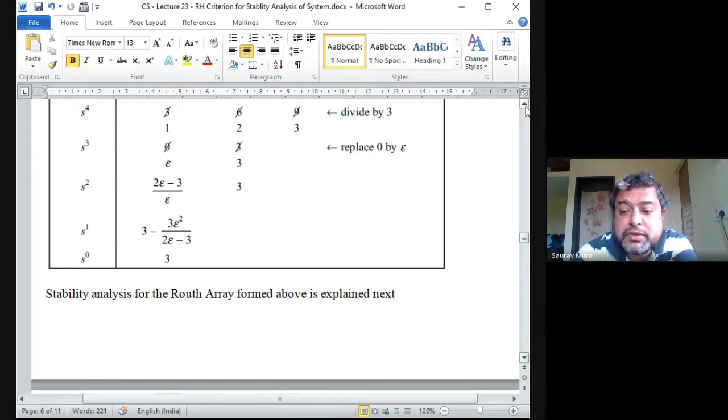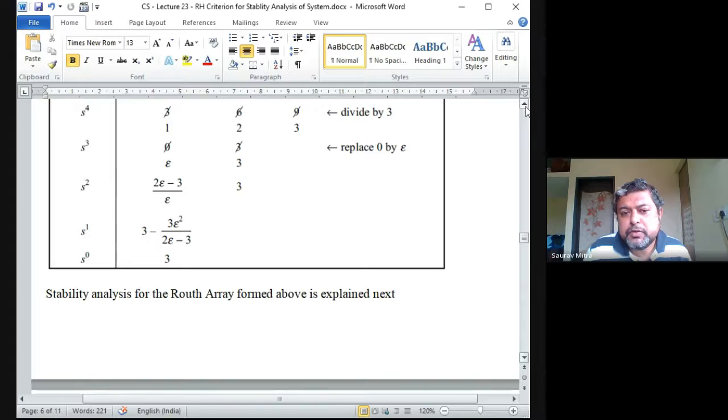Denominator is not deciding the symbol. Denominator is deciding the value, because epsilon is positive. So denominator is positive, leave that. We want only the sign. We want only the symbol. How much is the value? Irrespective. So who is deciding the sign? 2 epsilon minus 3. Epsilon tends to 0. 2 epsilon minus 3 tends to negative. Understandable?